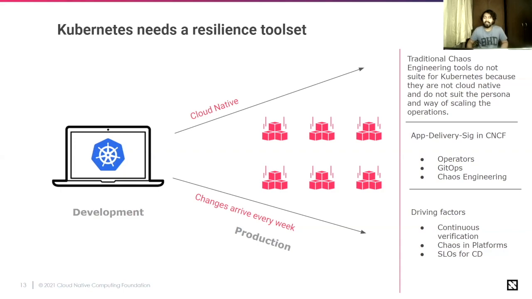And CNCF used to have SIGs, now it's TAGs. So from SIG to TAG, there was a shift in emphasizing chaos engineering and GitOps. I'm not sure how many of you are well versed with GitOps. But chaos engineering, operations, GitOps, continuous verification, and SLOs.